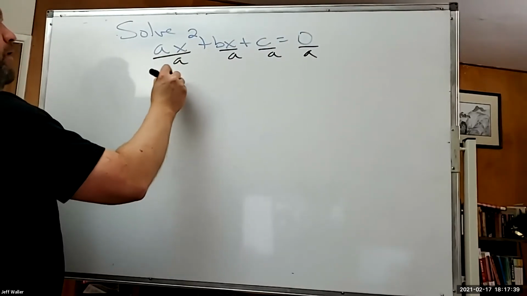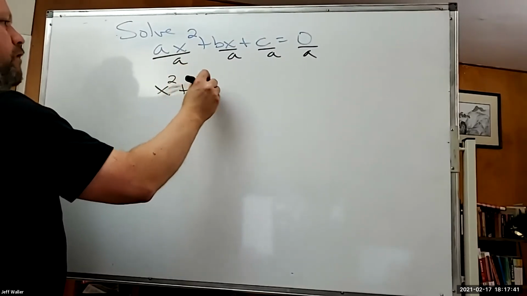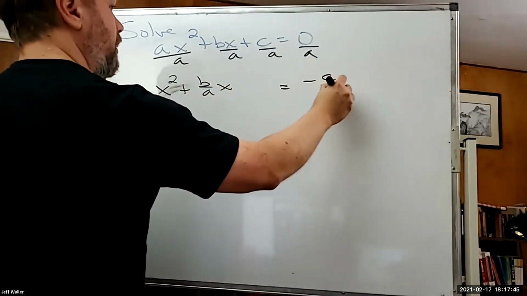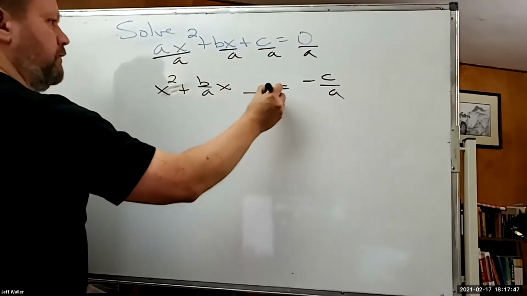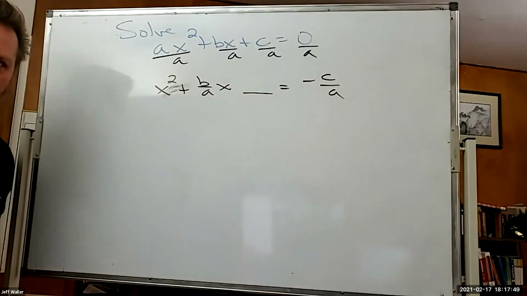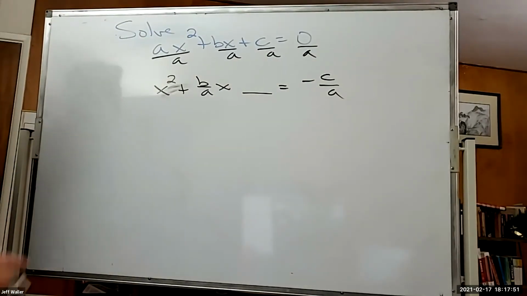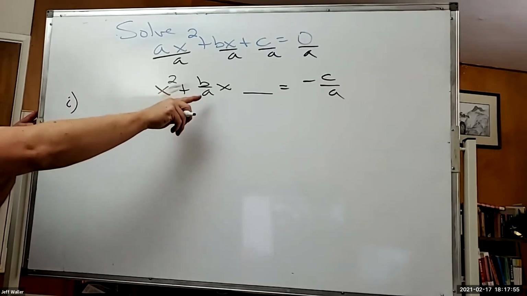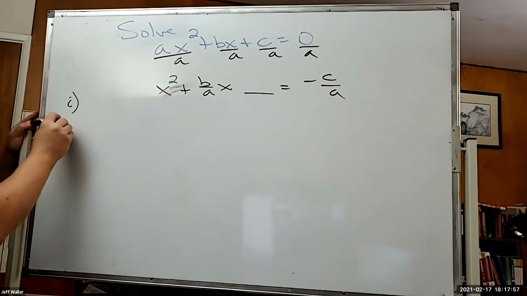So x squared plus b over a x equals -c over a. Is that cool? Just pull that out of the way, I need the space. All right, I'm going to need a little room, so I'm going to do the two steps over here. What's the two steps?